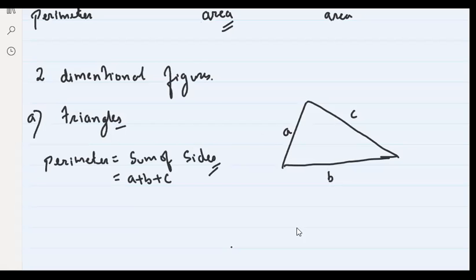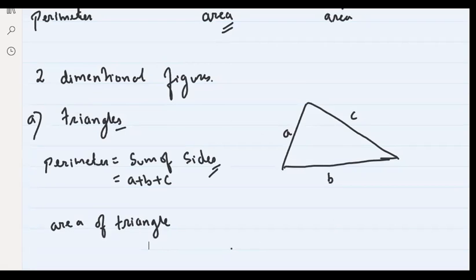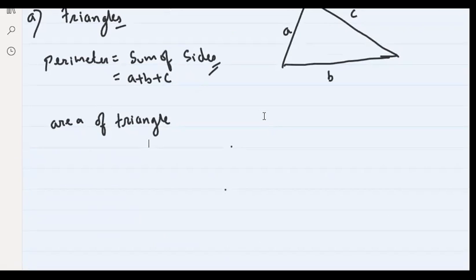Okay. Now next is area. Area of triangle. Now, when we talk about area of triangle, we have to worry about one basic thing. What is that one basic thing? When you talk about this triangle, I'll just show you one triangle.